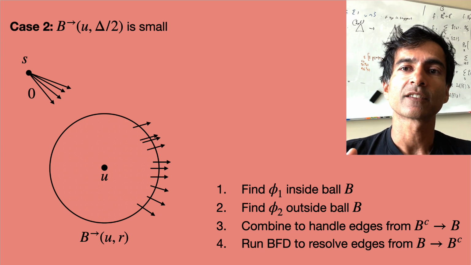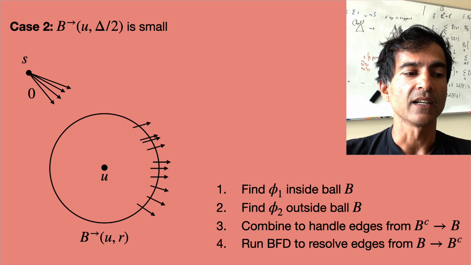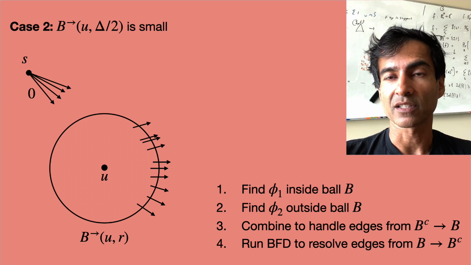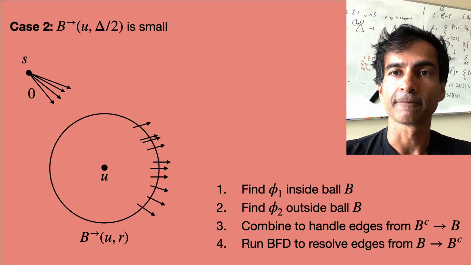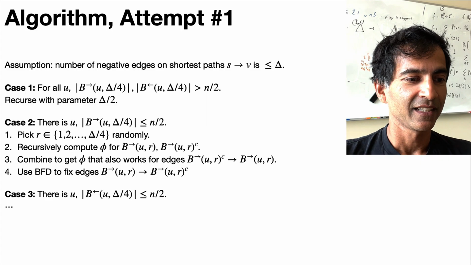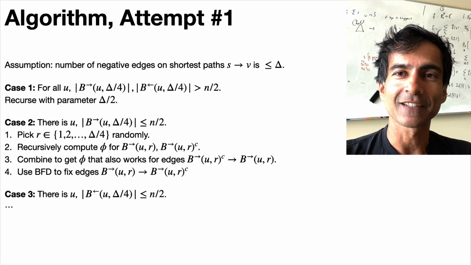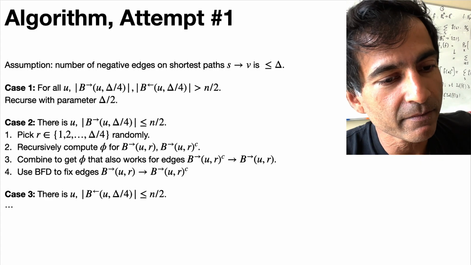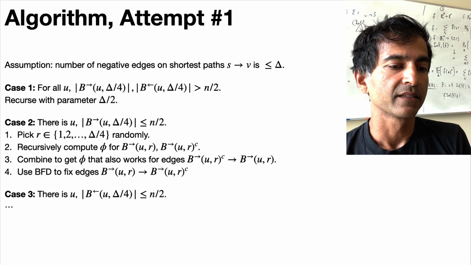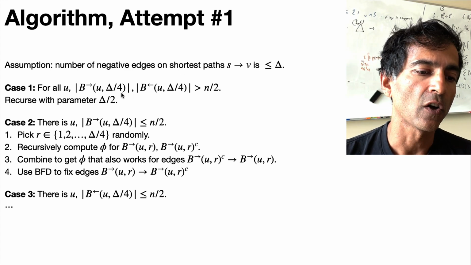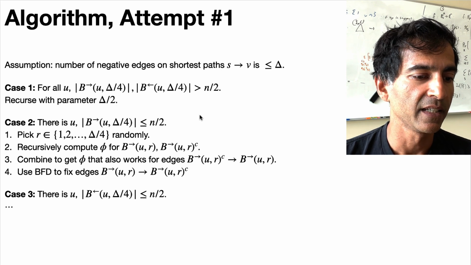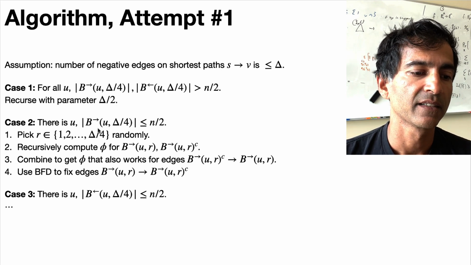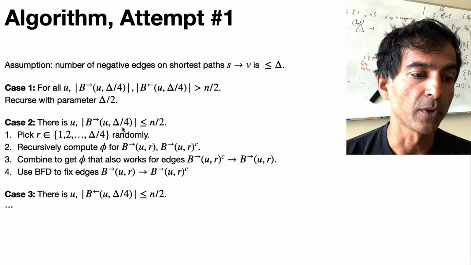And the number of such edges going from inside to outside is going to be small along every shortest path, by the argument we made on the previous slide. Okay, so that's the overall approach. So here's a high-level scheme for an algorithm. In the first case, all the balls are large. We just recurse with the parameter delta over 2. In the second case, there's some u for which the ball is small.